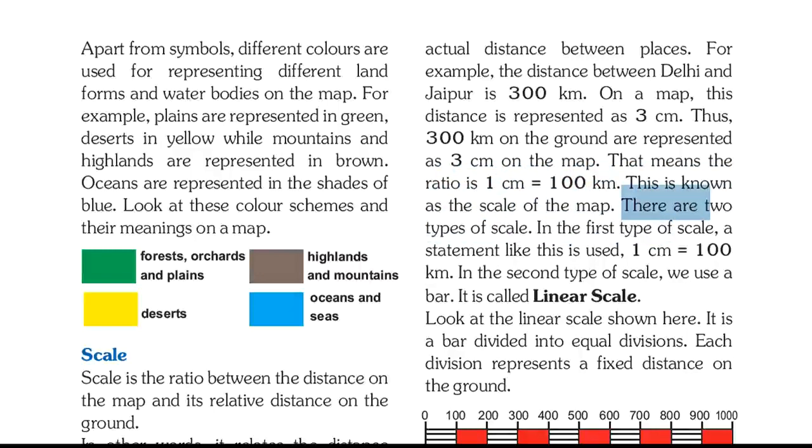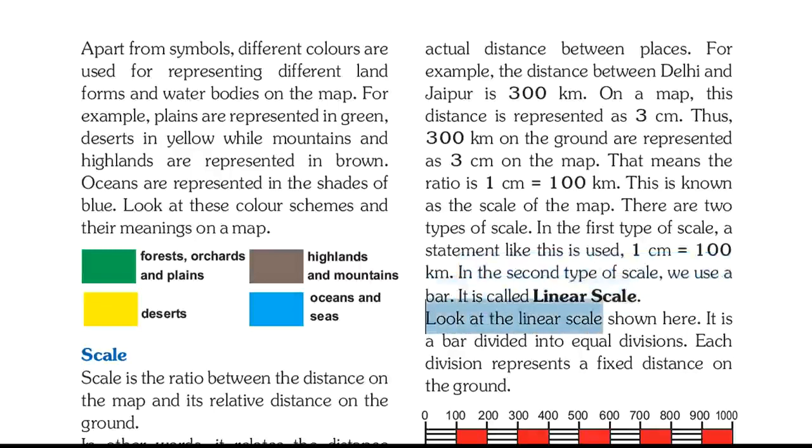There are two types of scale. In the first type of scale, a statement like this is used. 1 centimeter is equal to 100 kilometers. In the second type of scale, we use a bar. It is called linear scale.